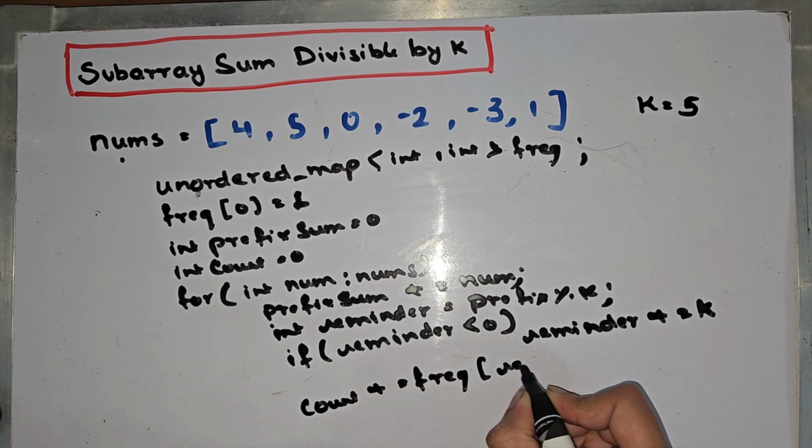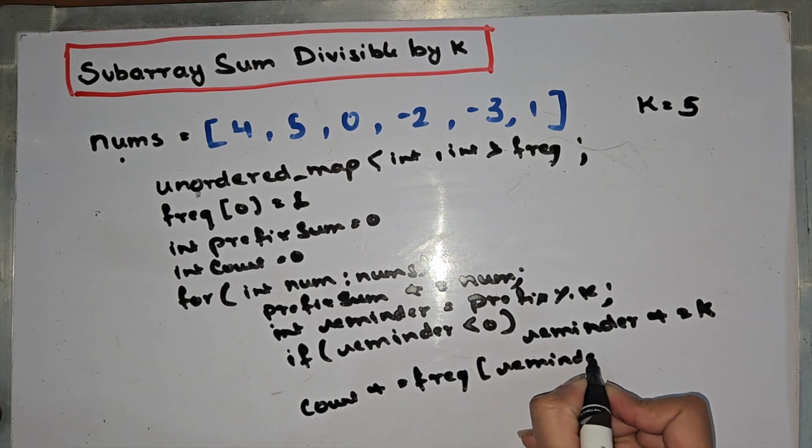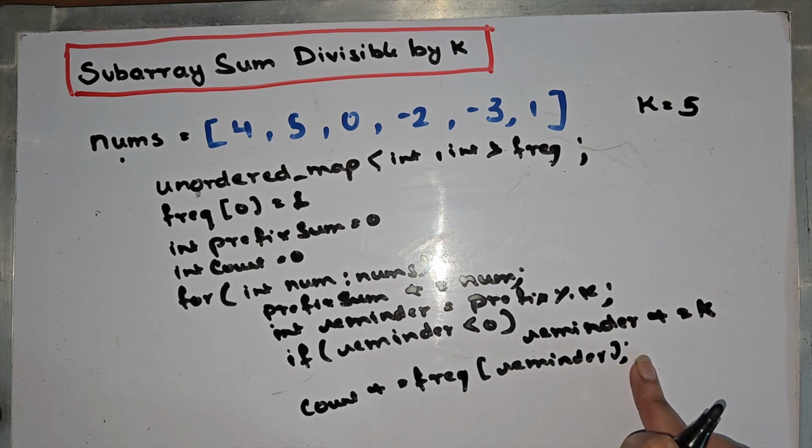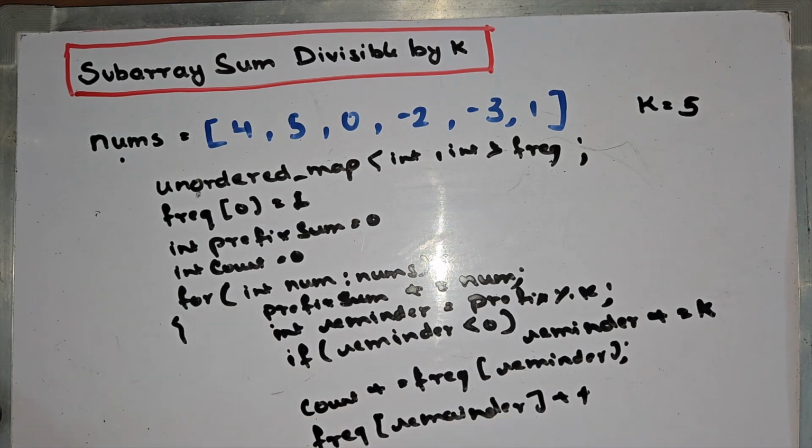Now we will count. What will we count? The frequency of the remainder. If this remainder appeared before, it means we found a subarray. So we add it to the count. Then we store this remainder for future matches by adding it to the frequency map.